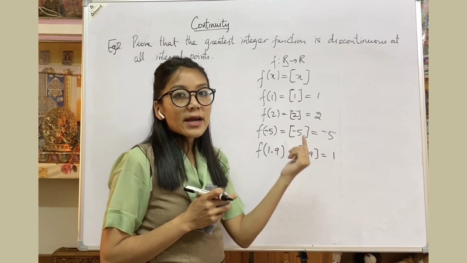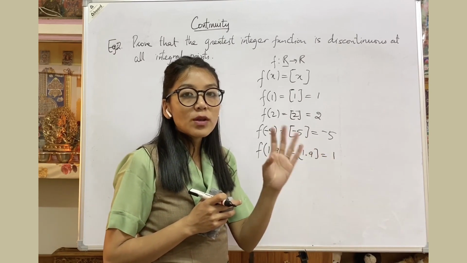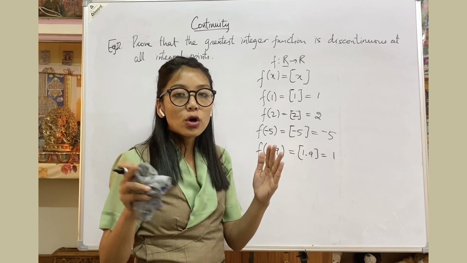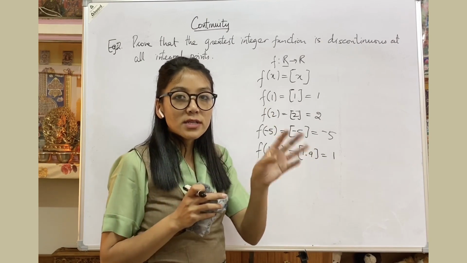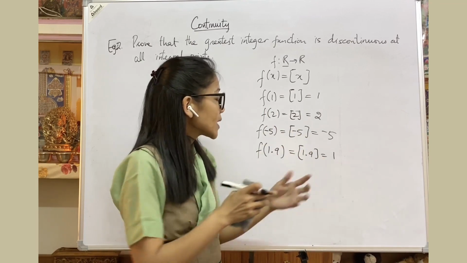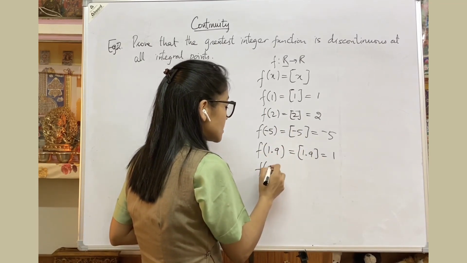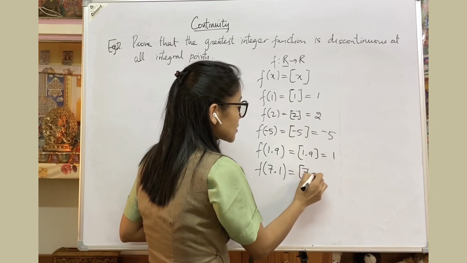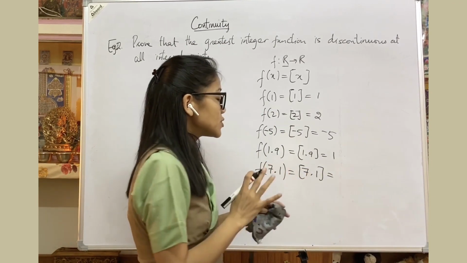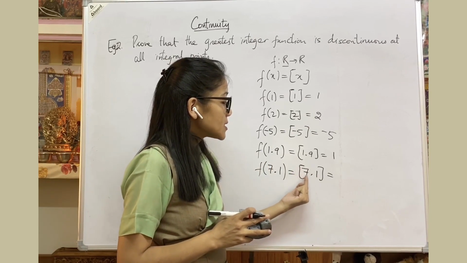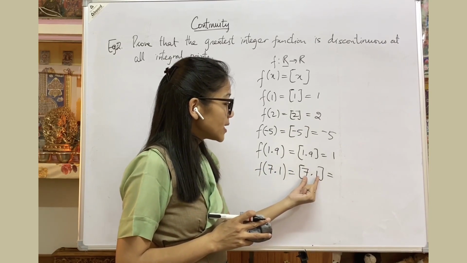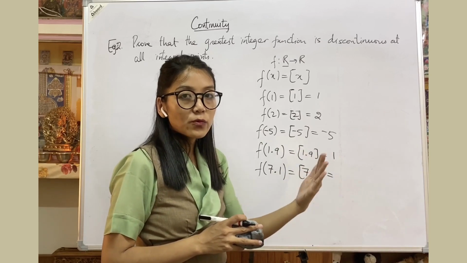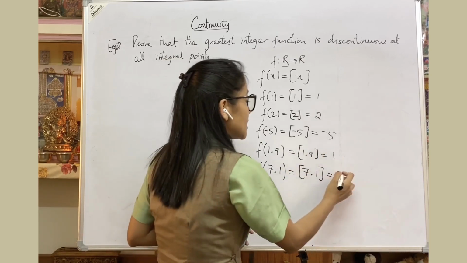The integers less than 1.9 are 1, 0, negative 1, negative 2, and so on. Out of all these, you choose the greatest one, that is 1. Similarly, f of 7.1: you take the integer which is smaller than 7.1 and nearest to it, so that is 7.